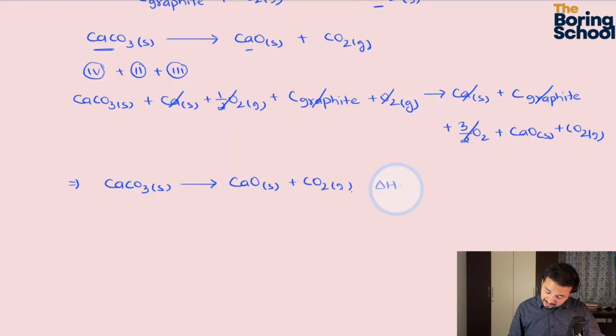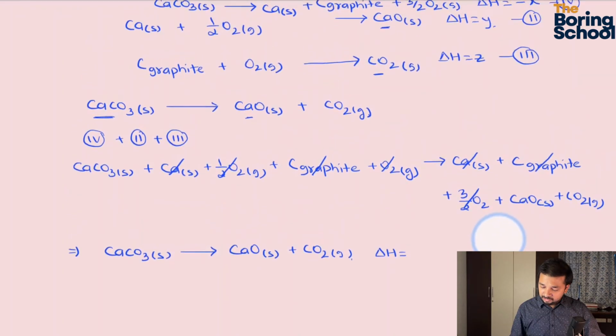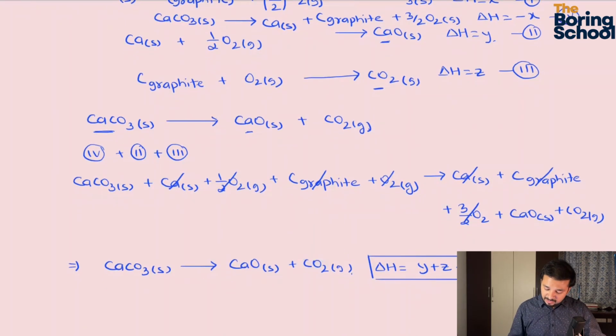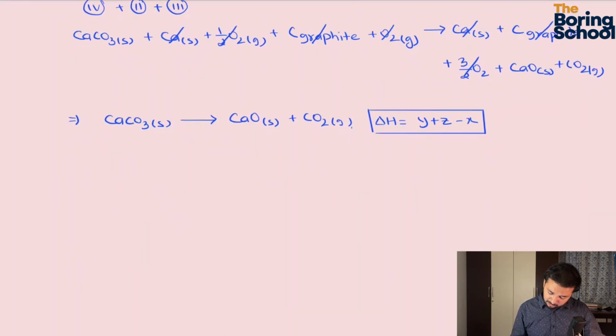That is why delta H of this reaction can also be obtained by adding the delta H of reaction 4, reaction 2 and reaction 3. So if I add, it will become Y plus Z minus X. So this is the delta H of our final reaction. Now using this we can write one formula also.